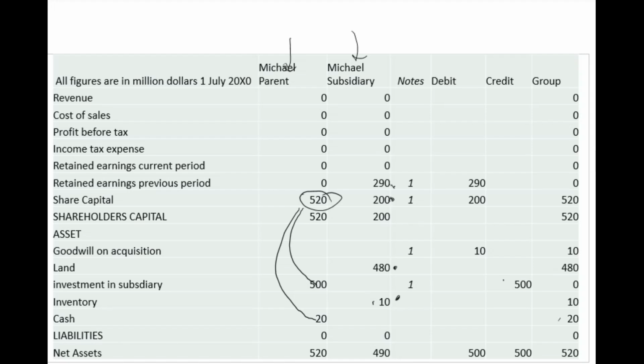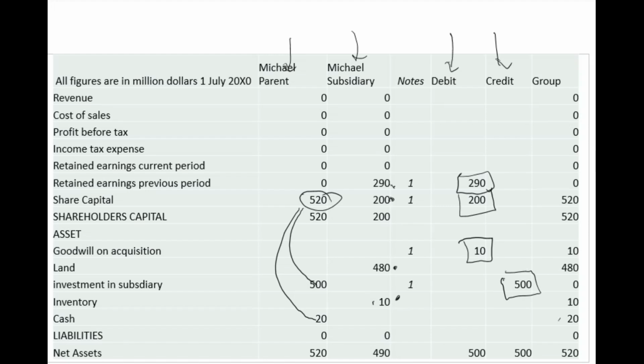We must now eliminate the investment against the shareholders' equity in the adjustment columns. So we credit 500 million against the investment in subsidiary, and we debit retained earnings 290 million and debit share capital 200 million. And then the remaining amount is the goodwill on consolidation, and that's 10 million.